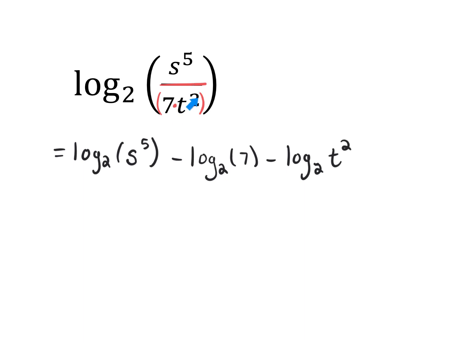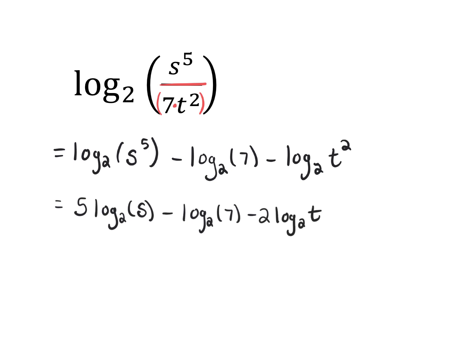Because this t squared was in a denominator, it needs to be subtracted. So you can think of the subtraction as distributing to both of those terms. And then I just bring my exponents down. So 5 log base 2 of s, subtract log base 2 of 7, subtract 2 log base 2 of t.